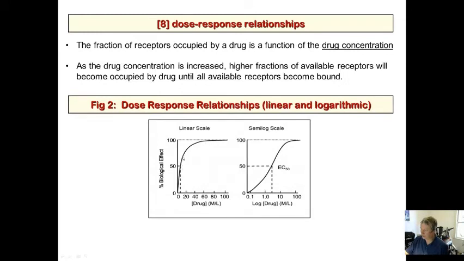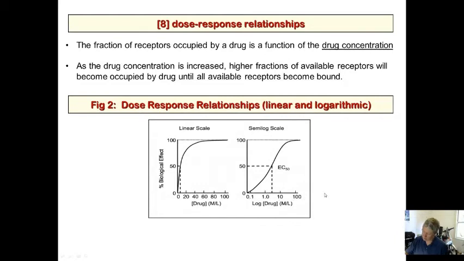But you need to have a pretty widespread distribution of the drug to see a clear dose response. That's why most people do this sort of semi-log scale version where we keep the y-axis linear, and then the x-axis we titrate in vastly larger amounts of drug, usually from nanomolar up to micromolar.